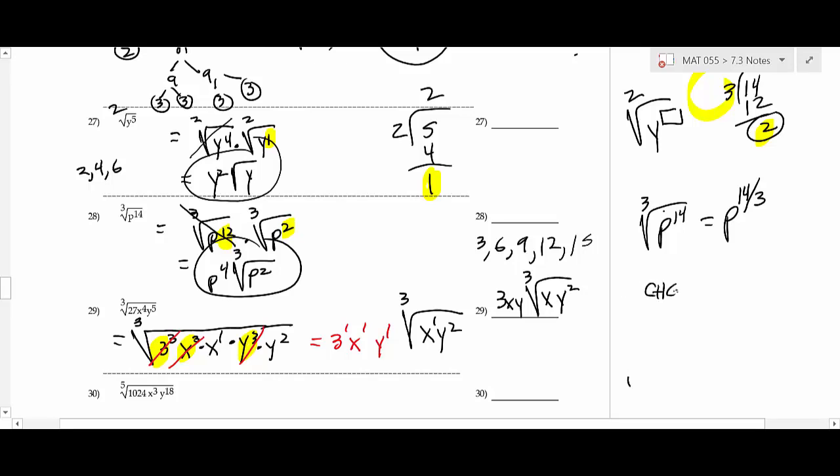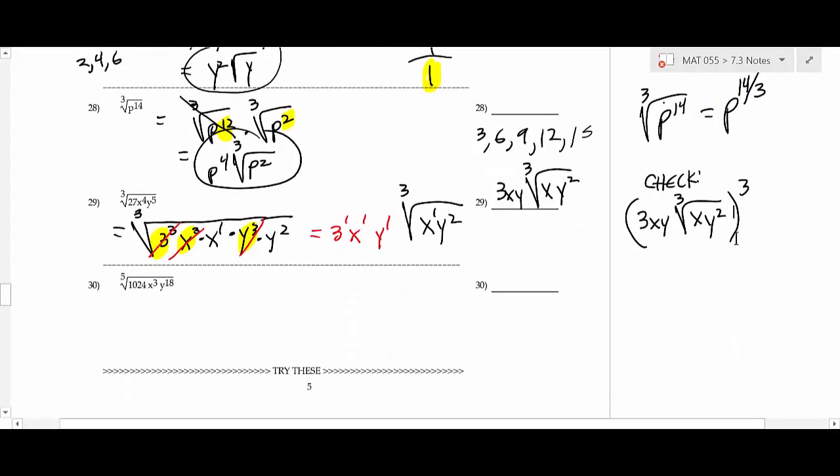This is important because I'll let you do this on the next test. Whatever your answer is, the best way to check it is to take this thing and raise it to the third power. Why? Because you're doing a third root. You're hoping that the result is what's under the radical.